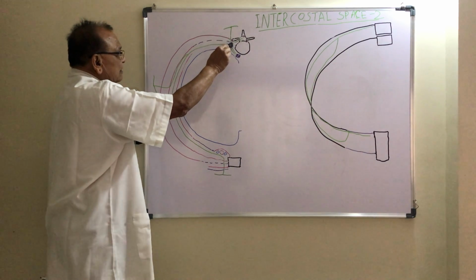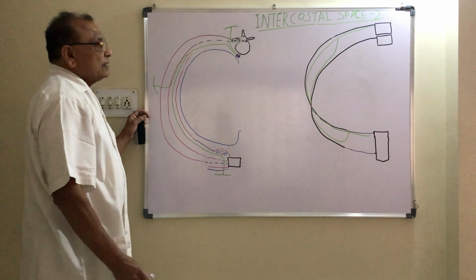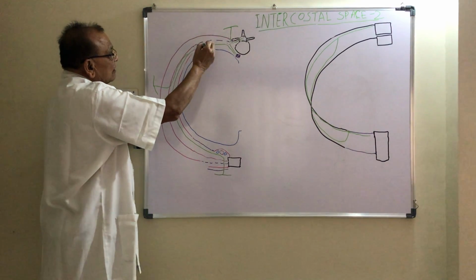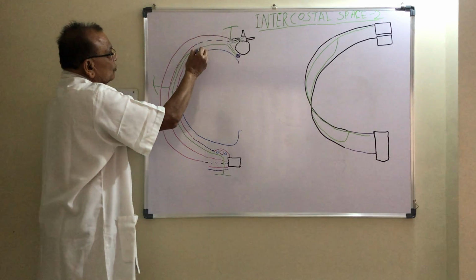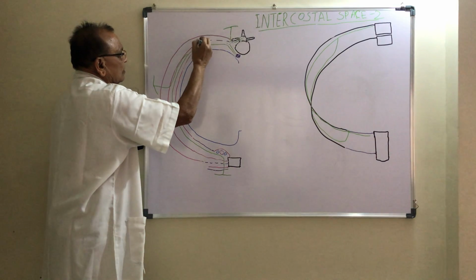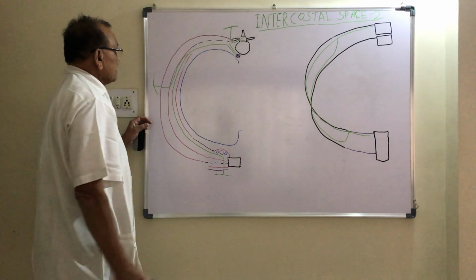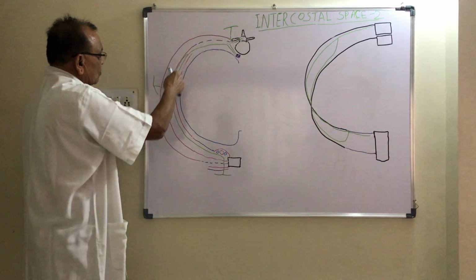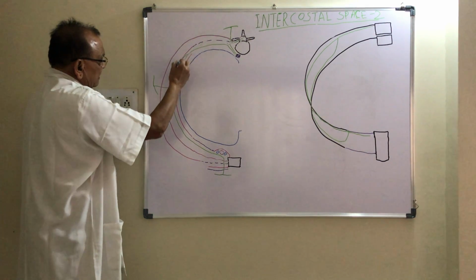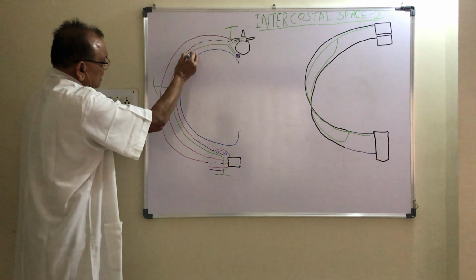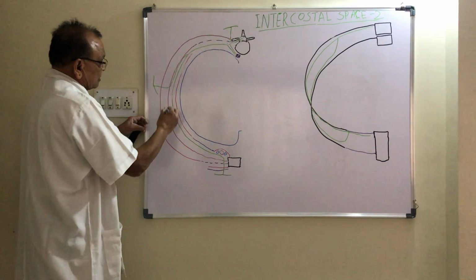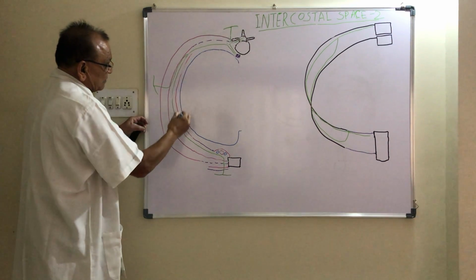When the nerve is running in the intercostal groove, at first it lies between the pleura and the internal intercostal membrane. Then, in the major part of its course, it runs between the internal intercostal muscle and the innermost intercostal muscle.